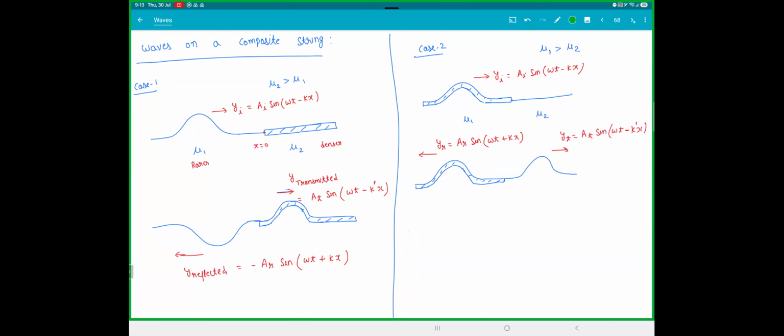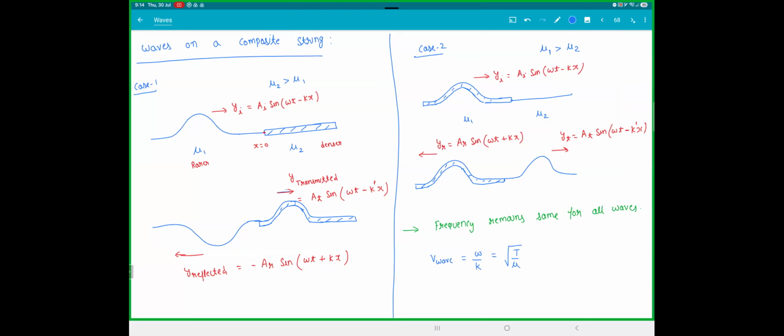So a few things here. Frequency remains the same. Frequency does not change on the medium. If you send it there, it will remain the same. And we also know V wave is equal to omega by k. And we also know V wave is equal to root over tension by mu.